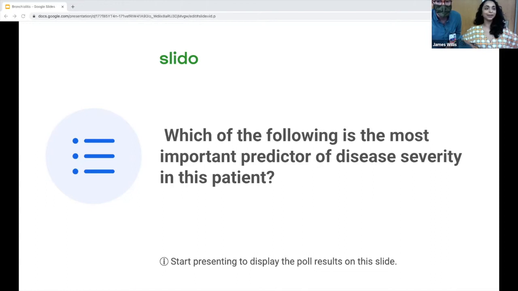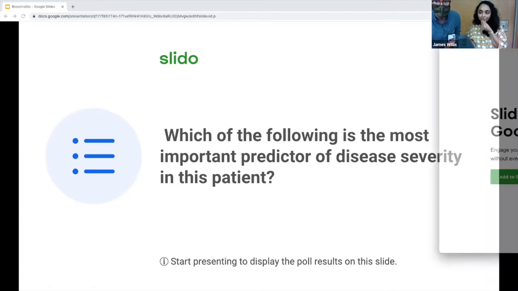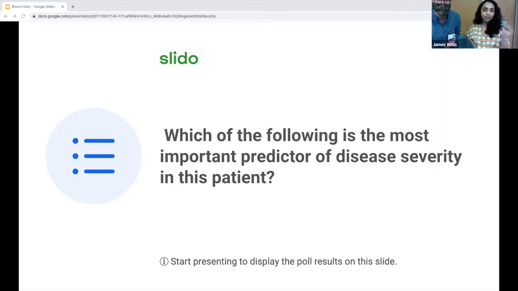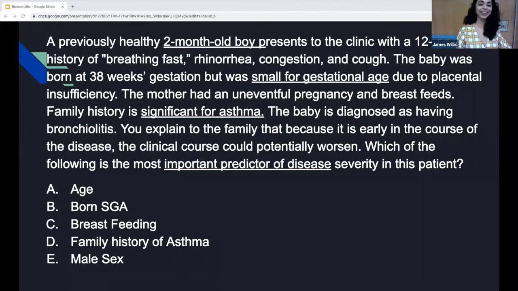If this doesn't work, you can just do it the old-fashioned way, but I thought this would be really interactive and fun. Okay. That's so weird because it's working for me at home. Okay, it's okay. So we'll just do it the old-fashioned way.